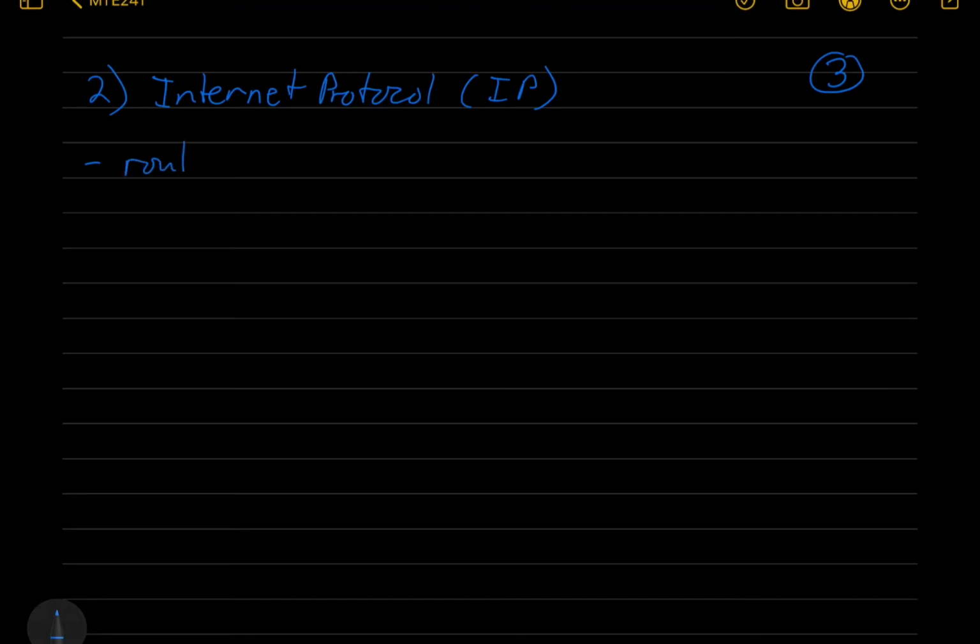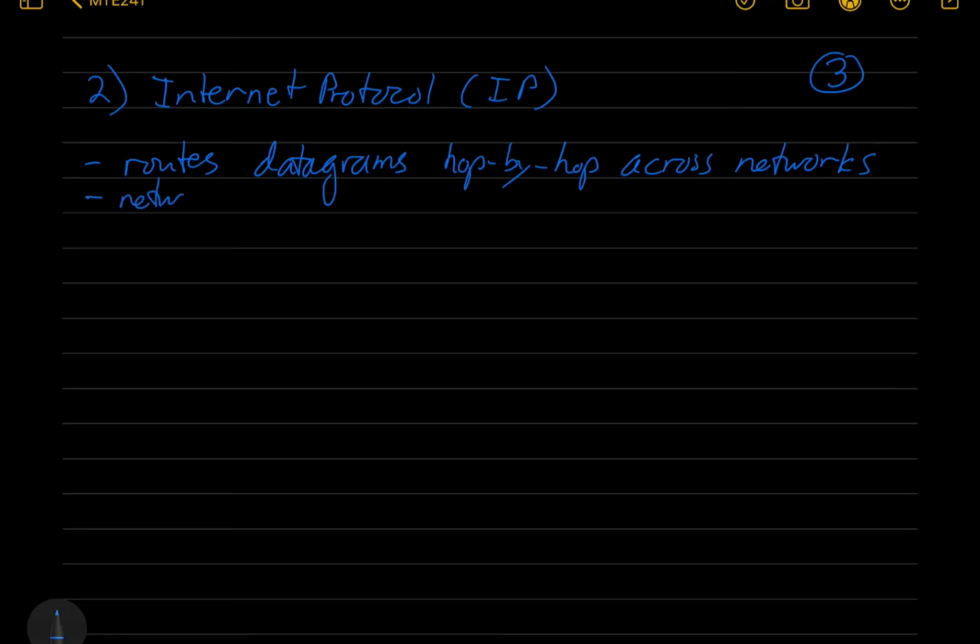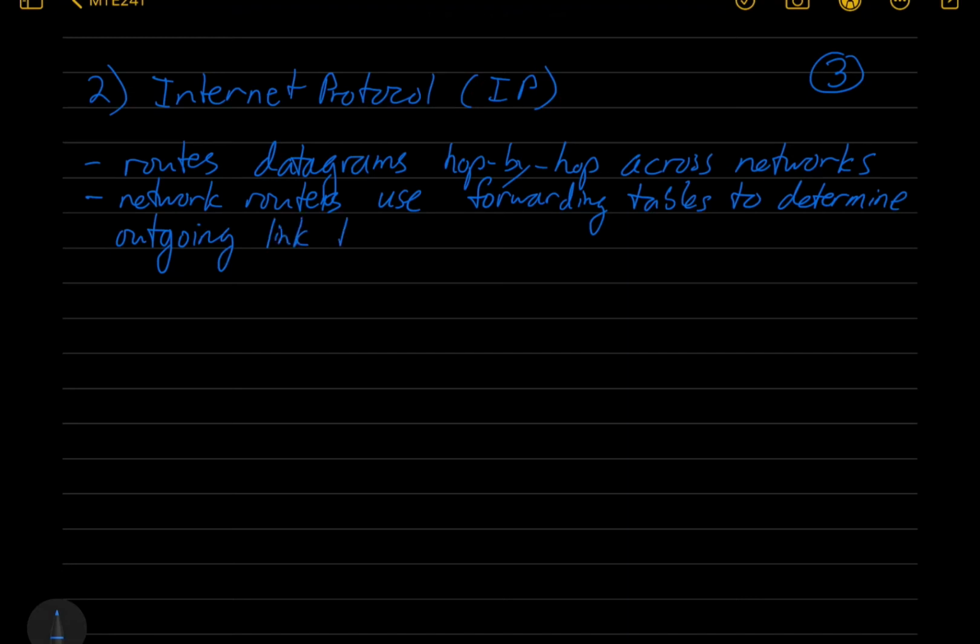So it routes datagrams hop by hop across networks, and network routers use something called forwarding tables to determine the outgoing link to send a datagram by.